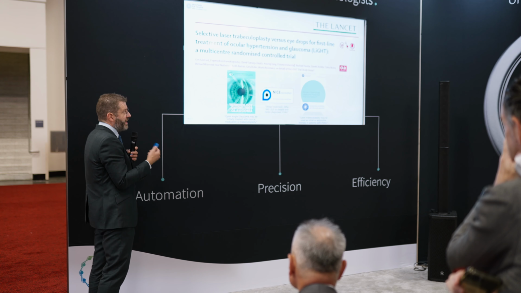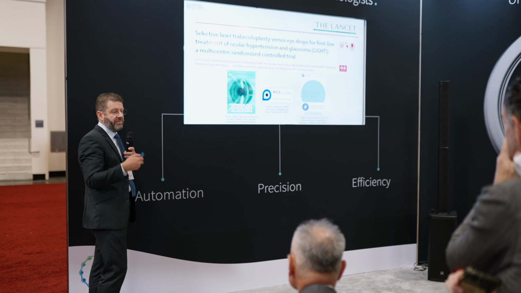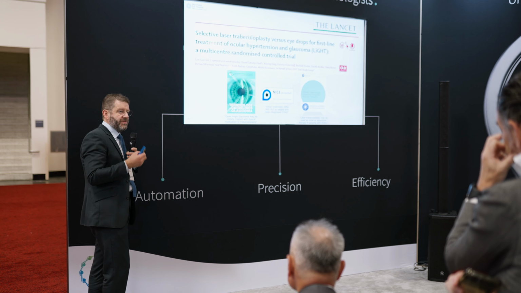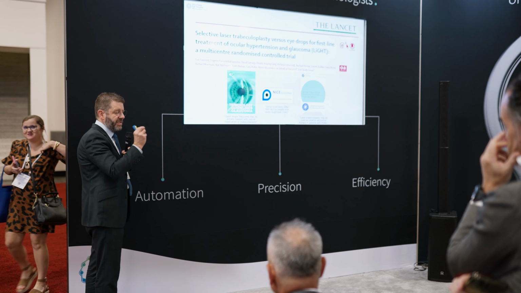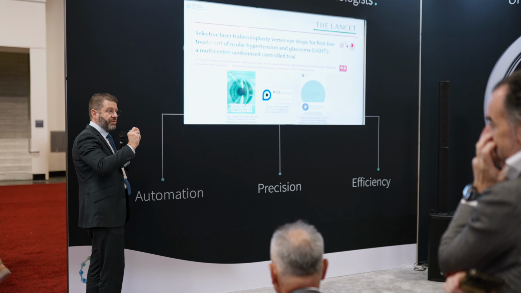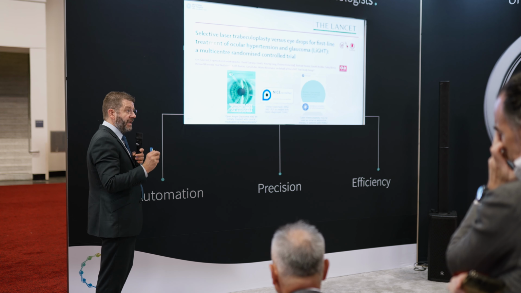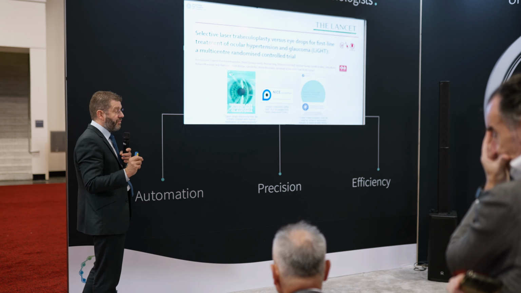This obviously generated our interest in the LiGHT trial, and the LiGHT trial was a comparison between primary SLT versus primary drops. In 2019 we published that at 3 years, 78% of eyes were drop-free and still controlled.